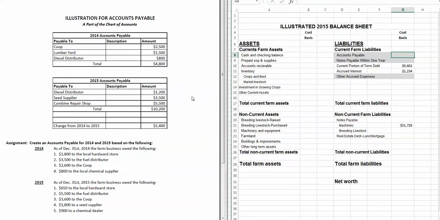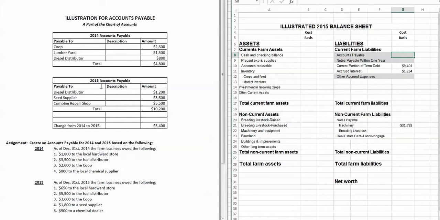So let's just suppose we owed money at the diesel distributor, the seed supplier, and the repair shop at the end of 2015, December 31st. We actually had an open account at these three suppliers, and we had charged during the month of December. We just hadn't paid it yet. It hadn't come due, but they are payable.